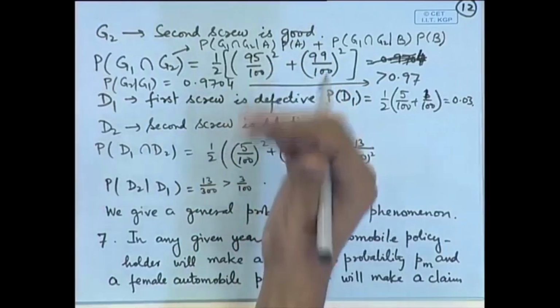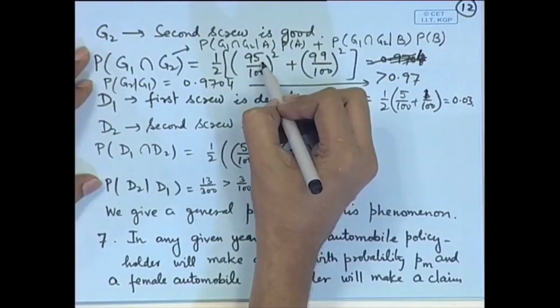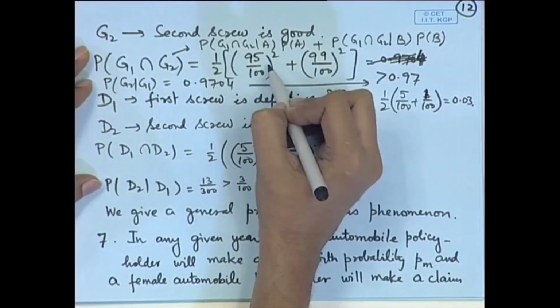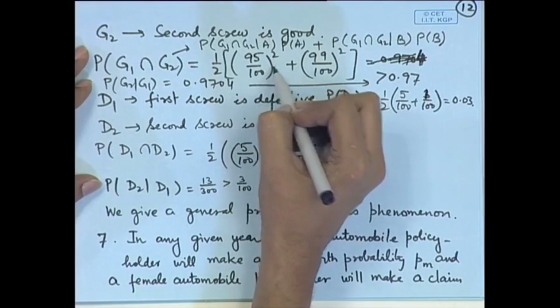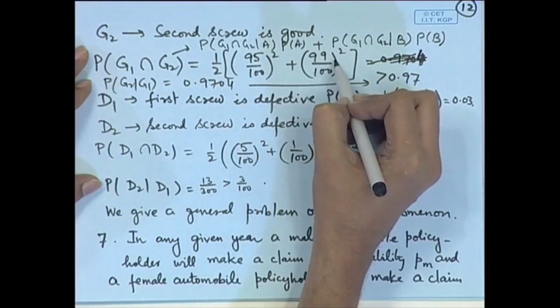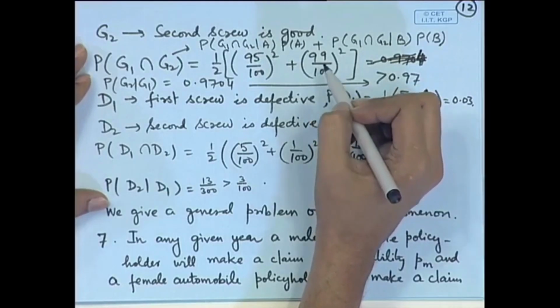Now, all the screws are coming independently from factory A or factory B. So, at each inspection the probability of them being defective or good remains the same. So, it will be 95 by 100 into 95 by 100 if it is coming from factory A. In a similar way, if we are looking at factory B, it will be 99 by 100 into 99 by 100.